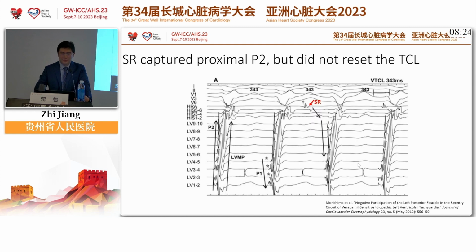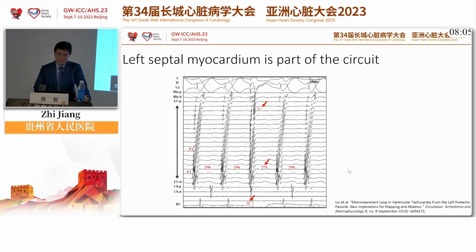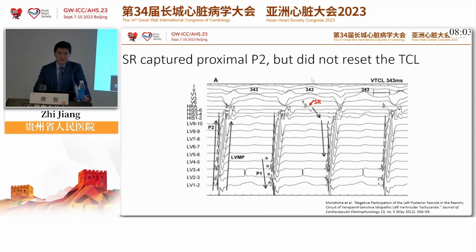However, the P2's role in the retrograde conduction in the circuit is being doubted. In 2012, Maruyama's group published this paper. There's also a spontaneous sinus rhythm captured the proximal P2 on the multipolar catheter.